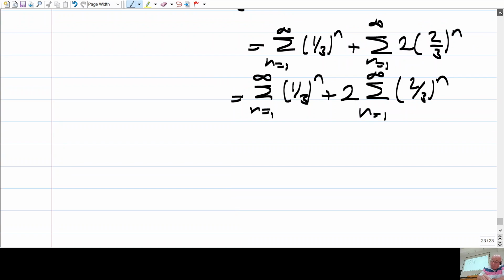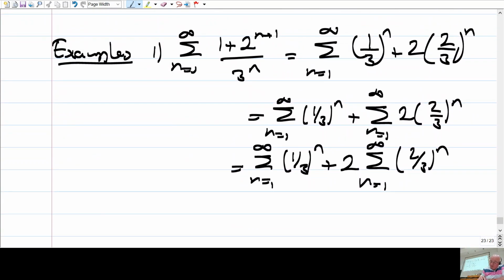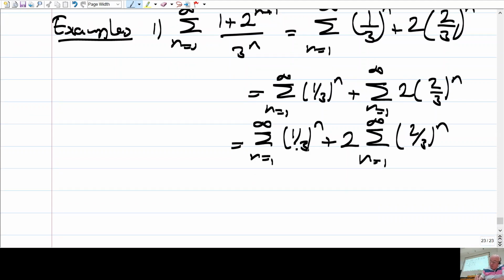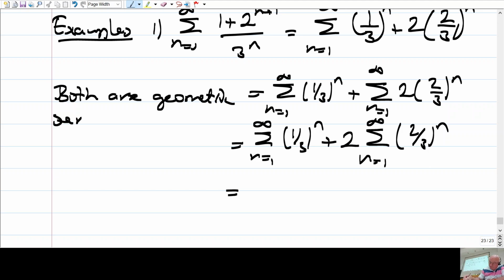I can do this because all these series are convergent, right? These are geometric series where r is 1 over 3 and 2 over 3.